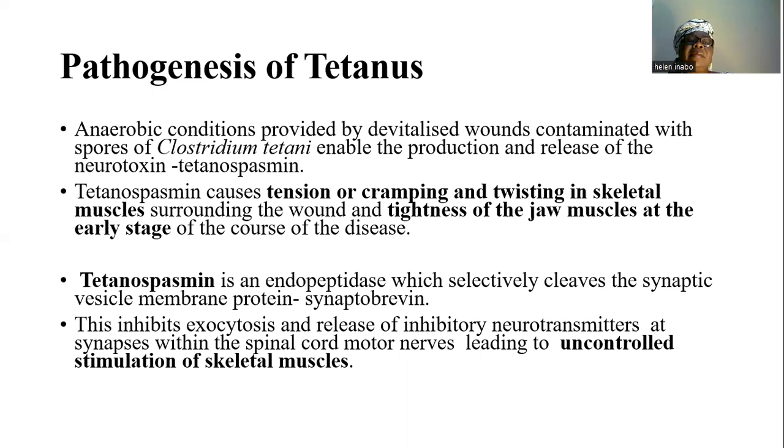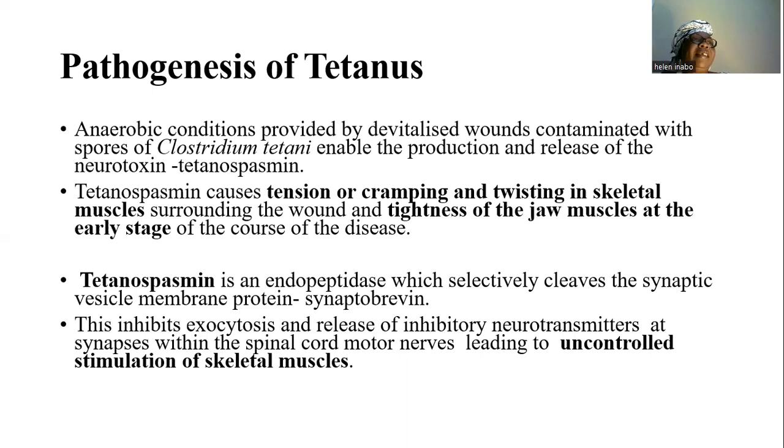Early in the course of the disease, tetanospermin is known to cause tension or cramping and twisting in skeletal muscles surrounding the wound, and also tightness of the jaw or masseter muscles.